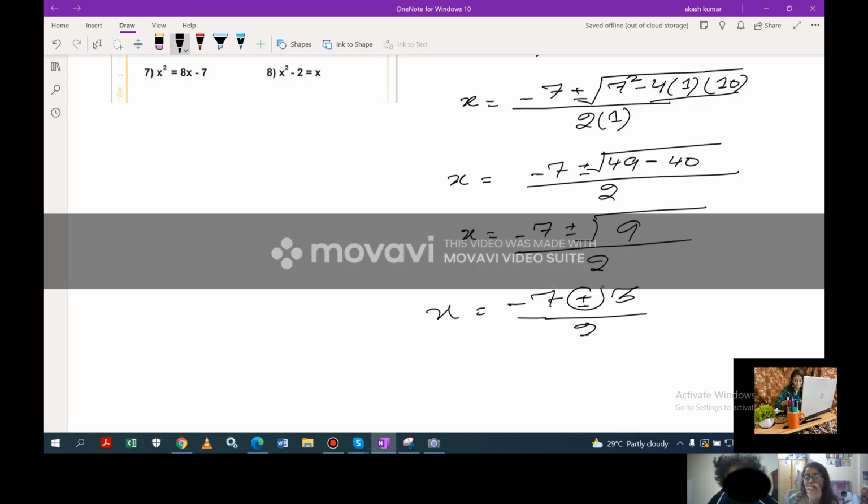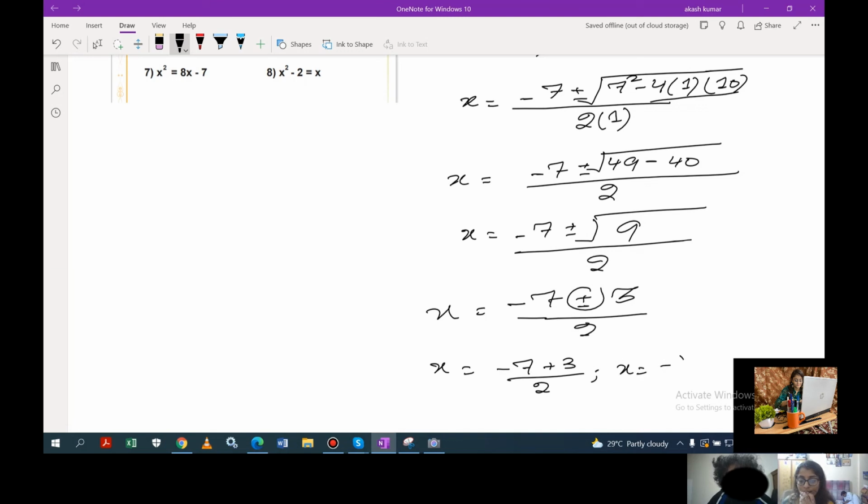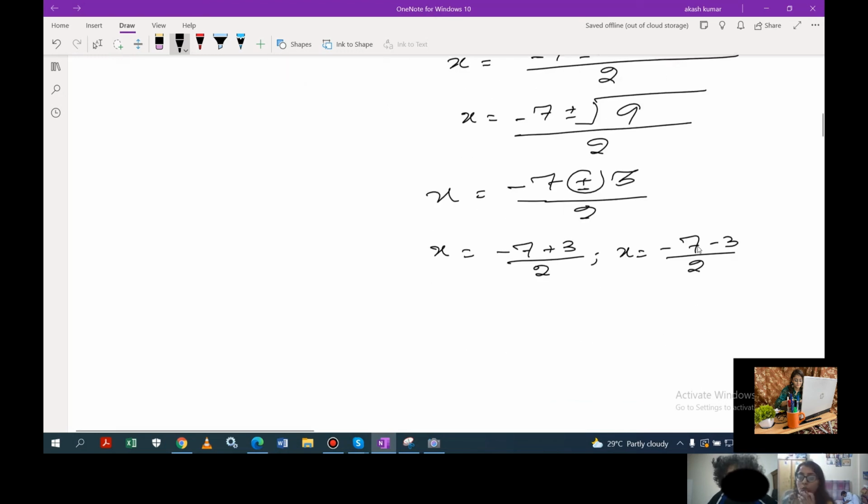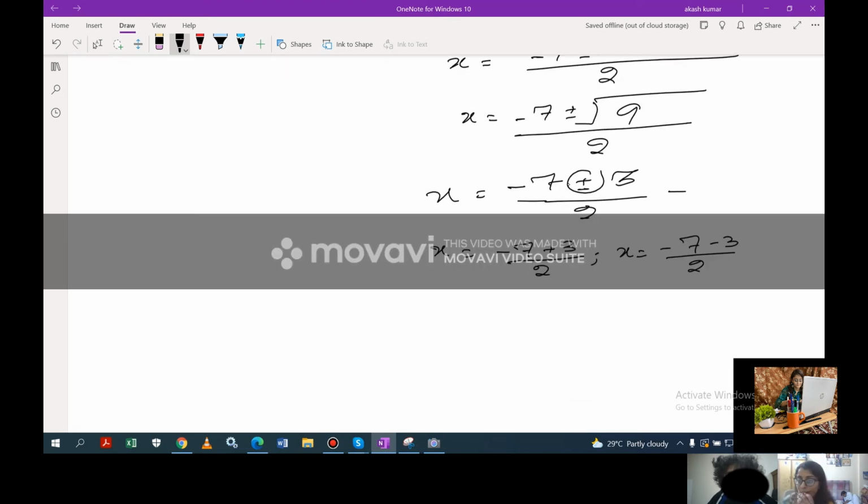Now we have plus and minus sign. Can we write it separately? x equals minus 7 plus 3 over 2, and x equals minus 7 minus 3 over 2. What we did, we just wrote our expression separately, one with a plus sign, one with a negative sign. Is it clear? So we will be having two values of x.